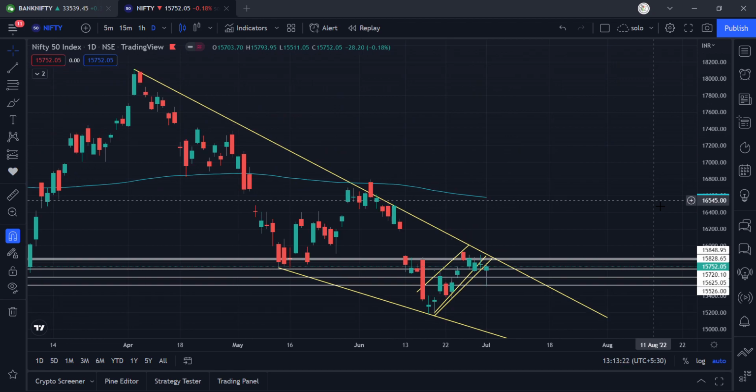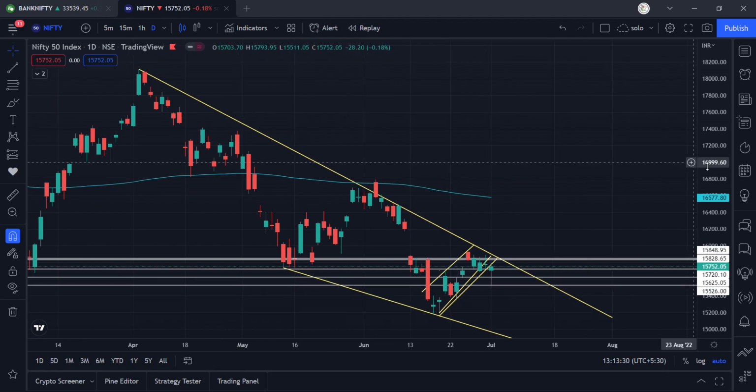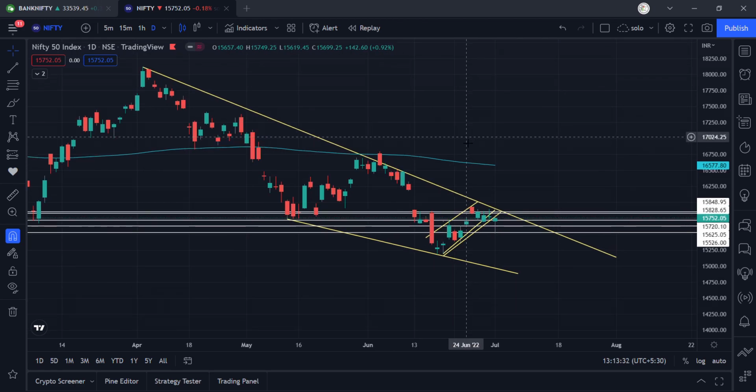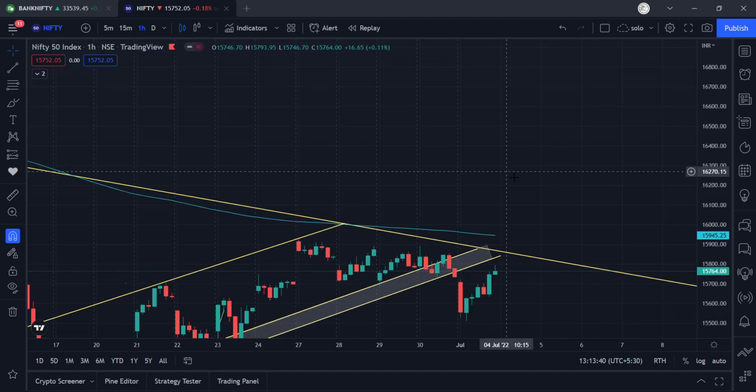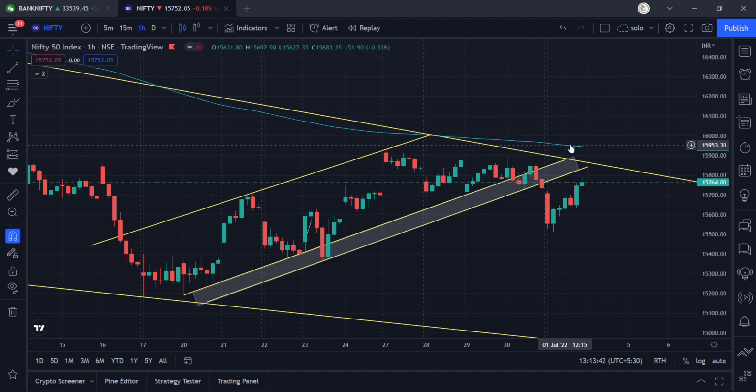See, this wedge pattern we drew several days ago. We have a wedge pattern in Bank Nifty on the 1-day time frame, as you can see. And I have drawn a counter inside this wedge pattern to know the change of the trend.